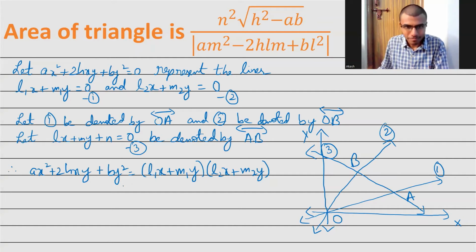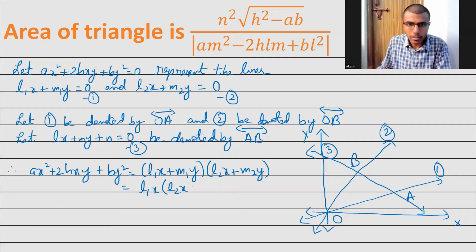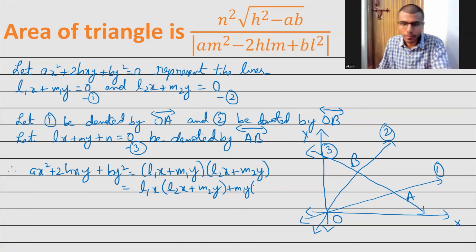Now this would be nothing but L1x into the second bracket, L2x plus M2y, plus M1y into the same second bracket.